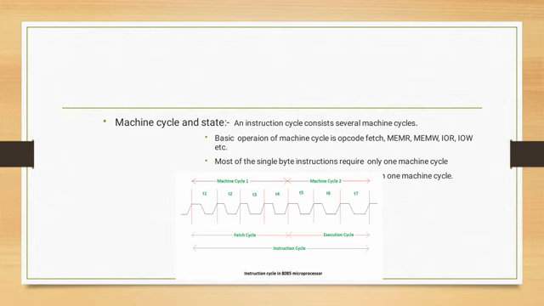Most single byte instructions, for example MOV and ADD instructions, require only one machine cycle to fetch the opcode and execute the instruction. But 2 byte or 3 byte instructions require more than one machine cycle, for example ADD address, STA address.